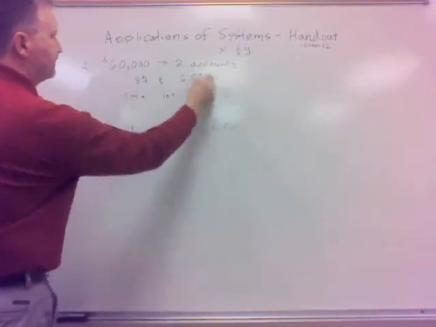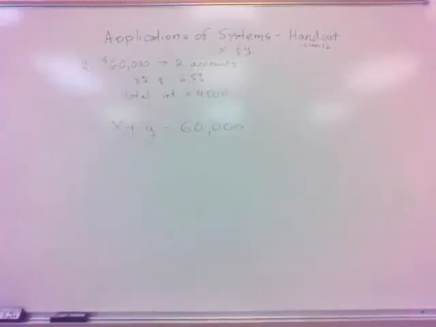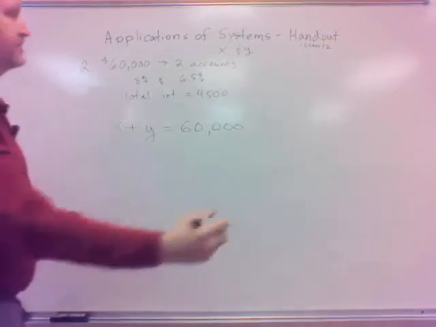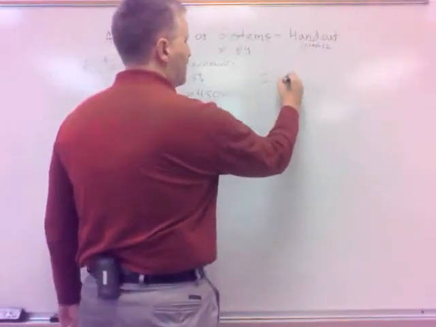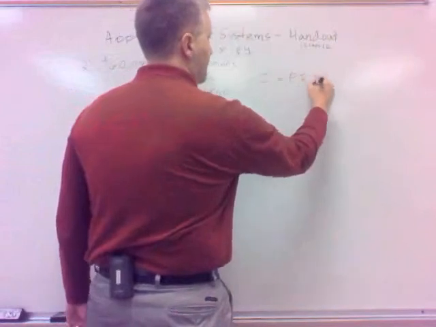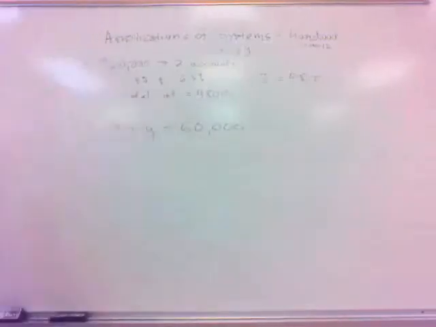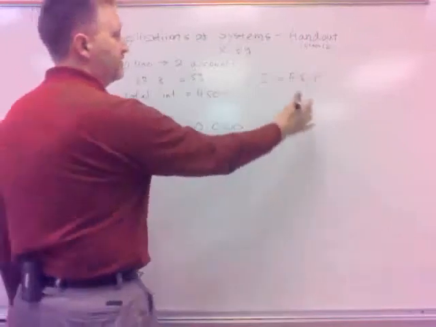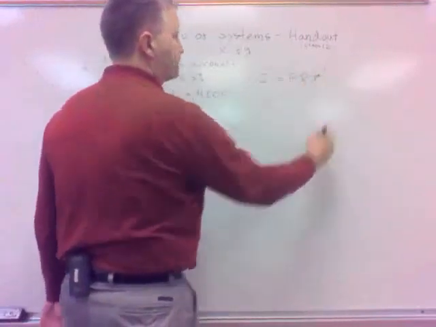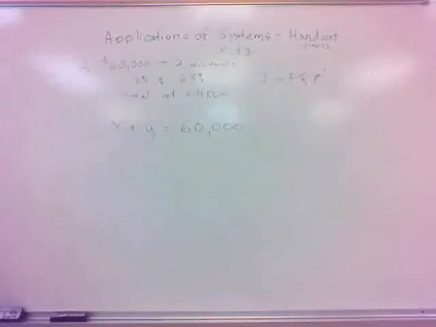The other equation comes out of the interest here. Now we're talking simple interest, and simple interest is principal times rate times time. We looked at compound interest before, but this is just simple interest, and even better, our time is 1, so it's just principal times the rate is interest.